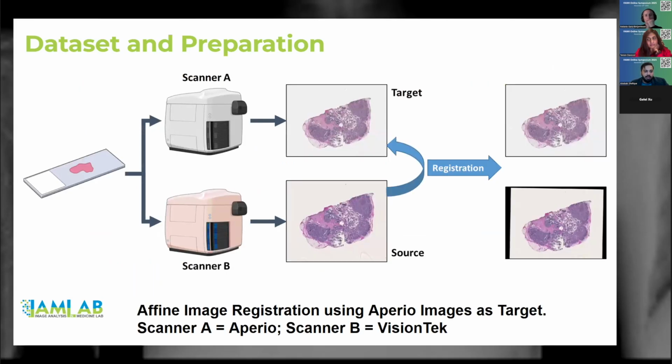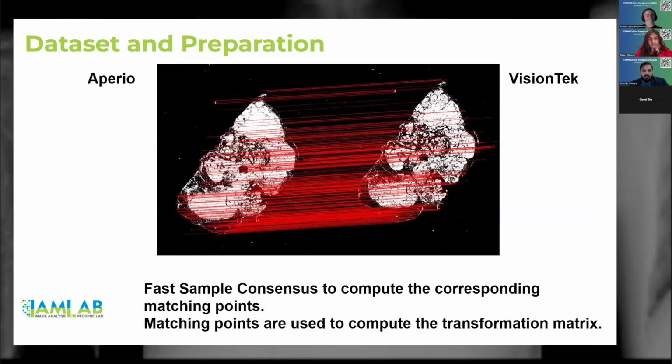In our dataset preparation, we scanned the slides, and obviously they are not at the same spatial location after scanning. So we had to do image registration since they are the same slides. It was pretty accurate when we registered those slides using the fast sample consensus method to get corresponding matching points.